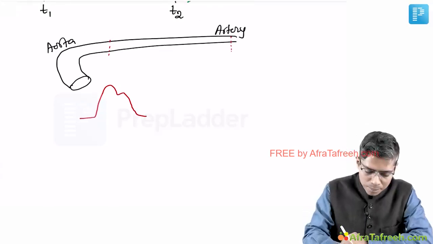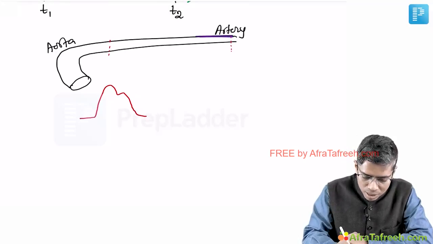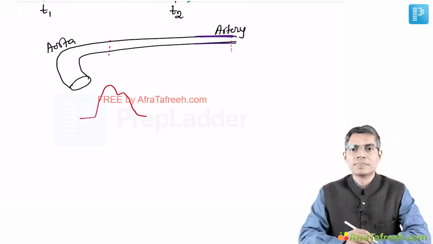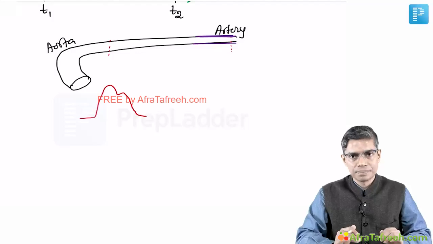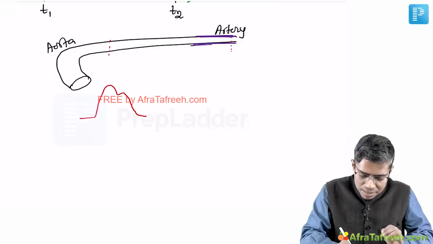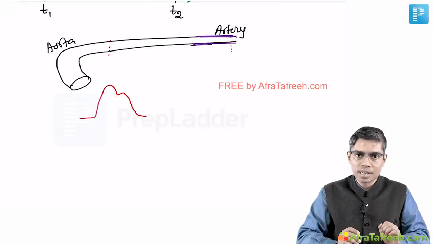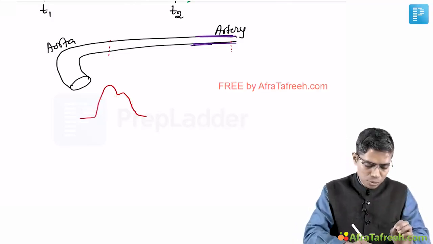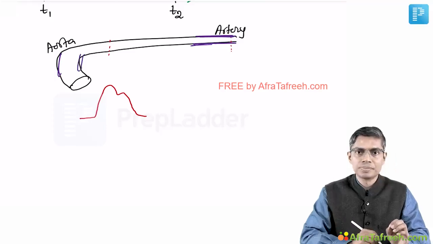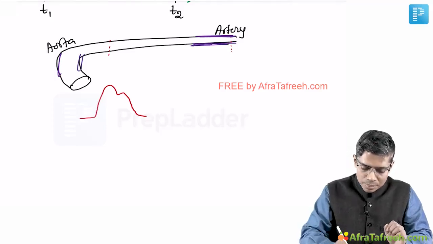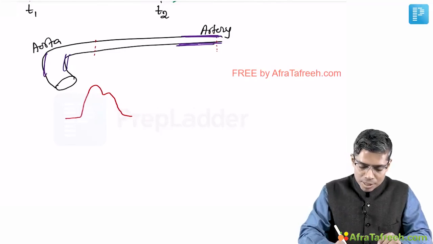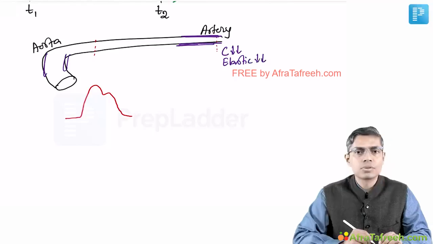What will happen? These peripheral arteries are harder than the central artery, and this peripheral artery contains less elastic tissue than the arch of aorta, right? I told you that there is maximum elastic tissue at the level of arch of aorta. So I can understand that this peripheral artery is stiffer, meaning compliance is low, and elastic recoiling force is also low.